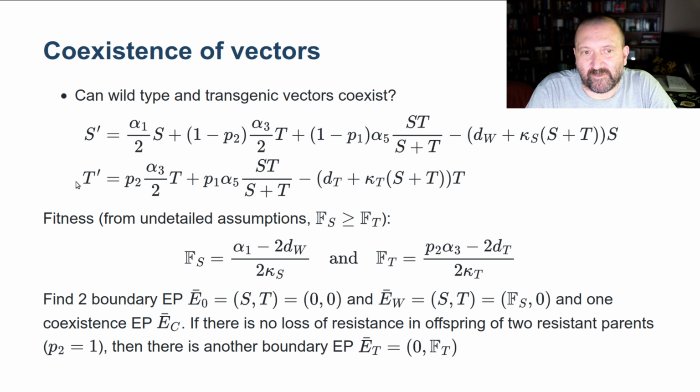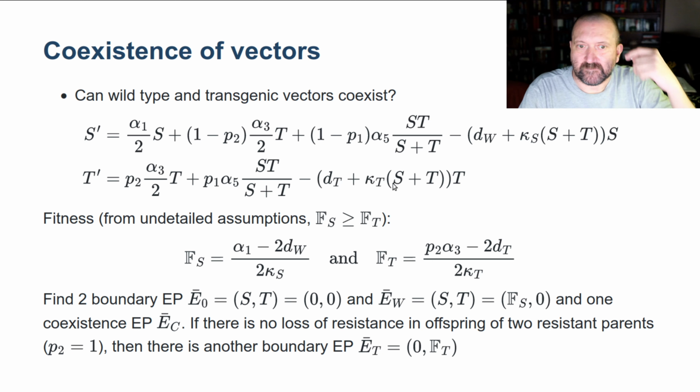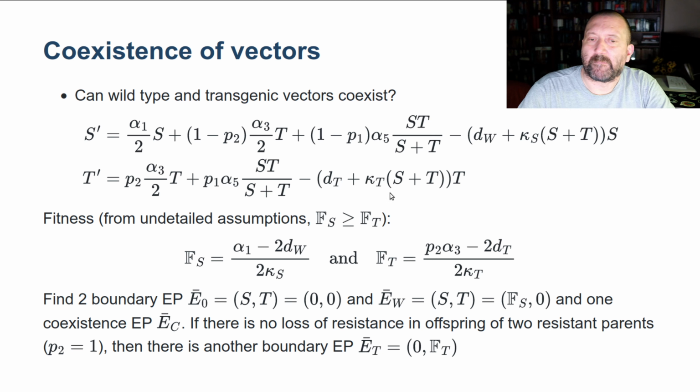And likewise for transgenic, we have birth of transgenic from the mating of two transgenic. We have birth of transgenic from the mating of a transgenic and a wild type. And we have natural death as well as competition with the wild type in this case.